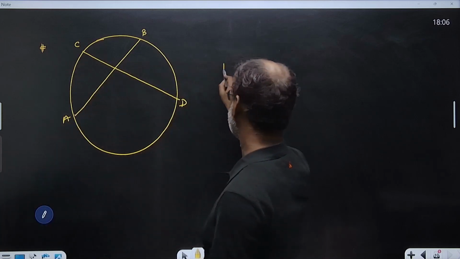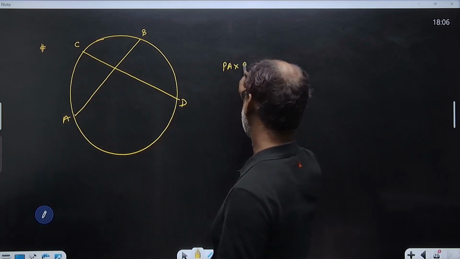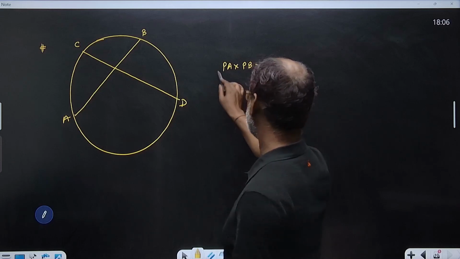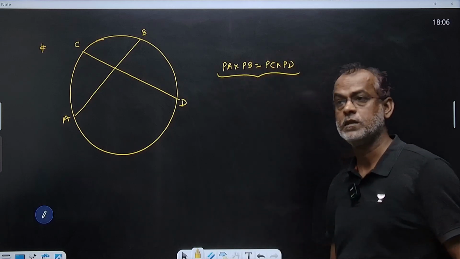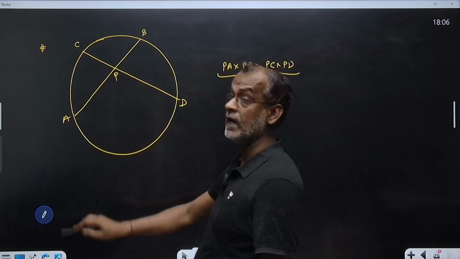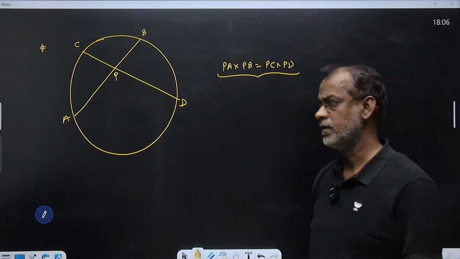So, PA into PB is PC into PD. Two chords AB and CD meet at point P, the rectangle contained by PA and PB.